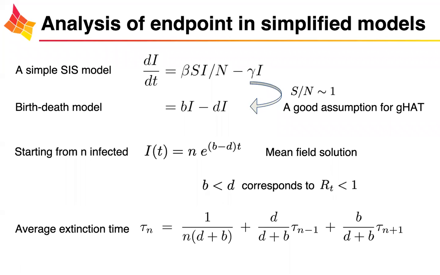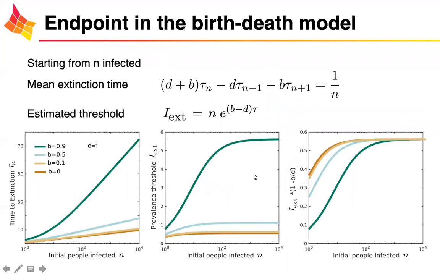In the next step, we can go to n+1 or n-1 with probabilities proportional to B and D. And then we can write this relation for average extinction time, which can be simplified with this equation, and it gives us a matrix that can be inverted to calculate tau n.